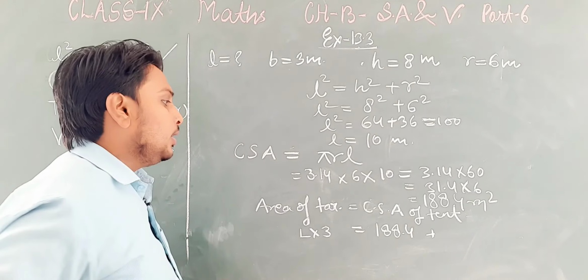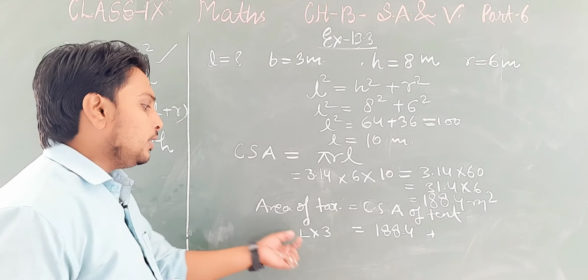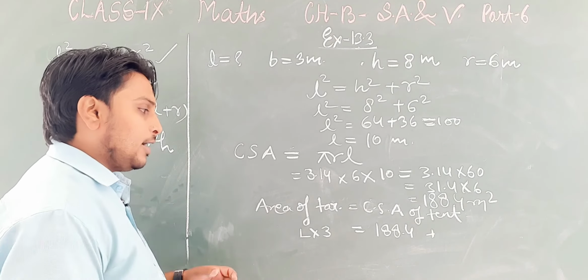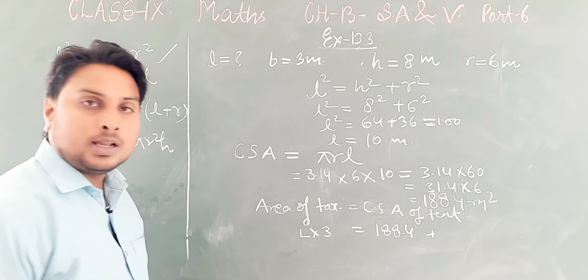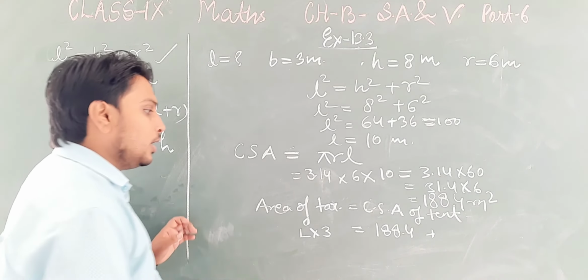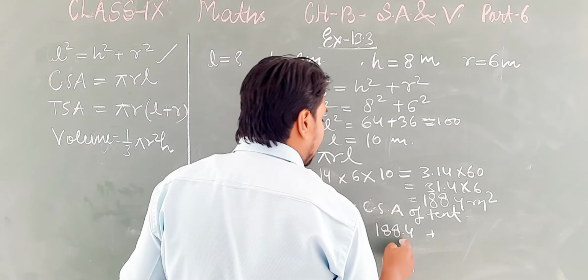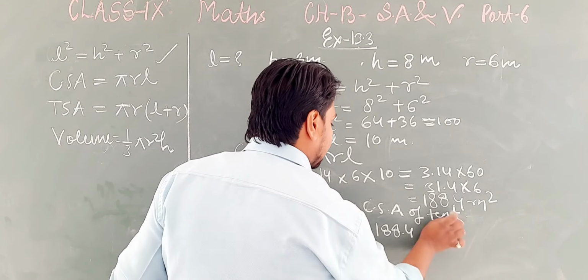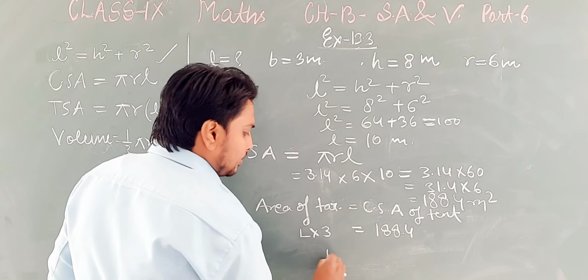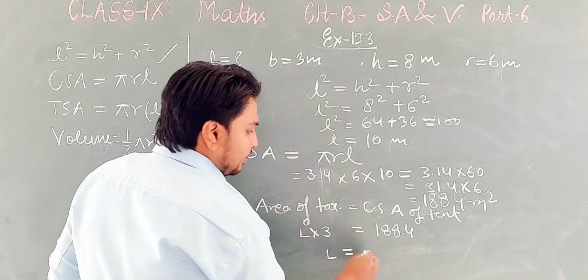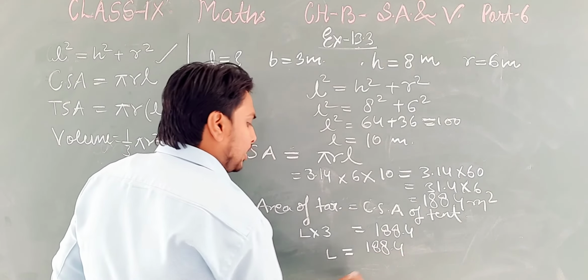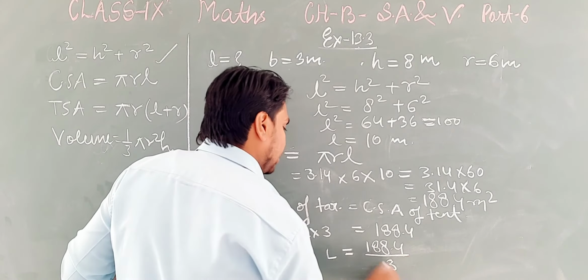Let us first find the value of this, and after that we will add the wastage. So it is 188.4, and then we will divide this by 3 to find the length.